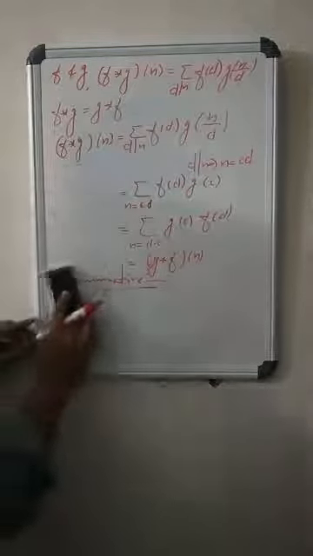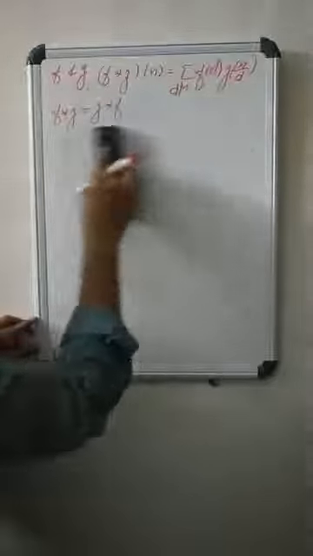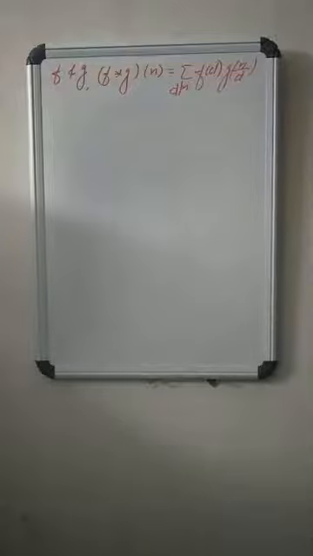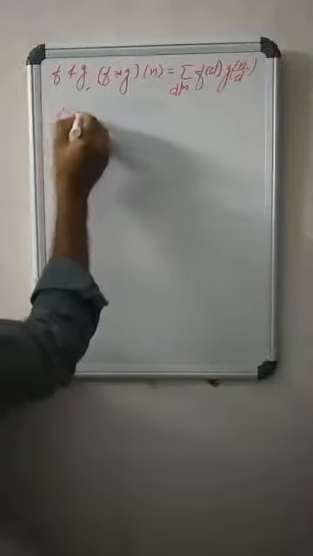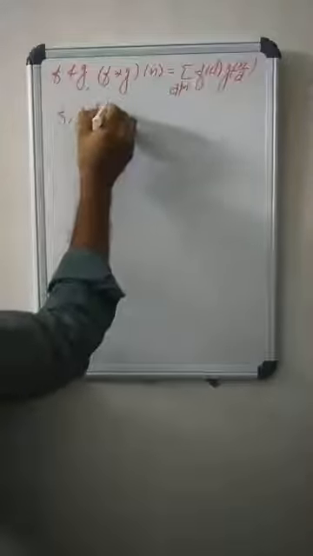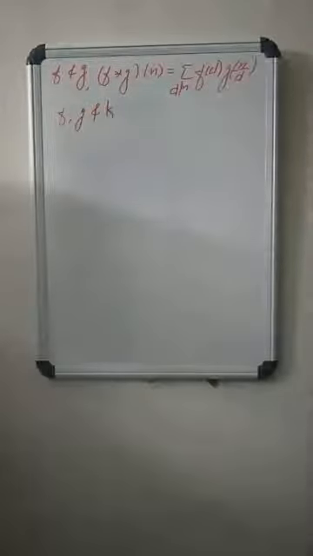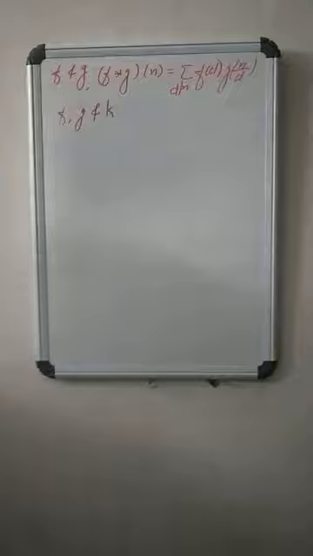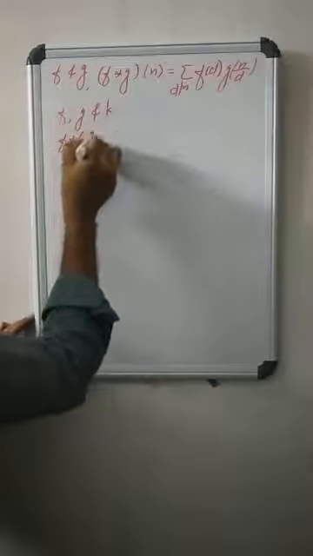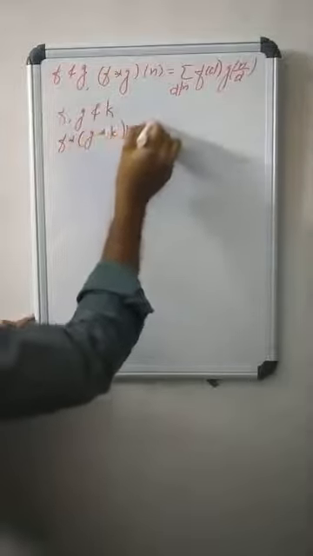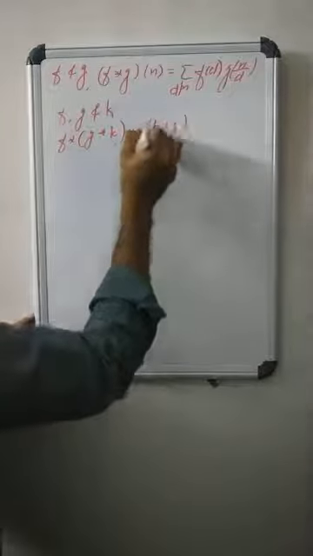Now the second property: the Dirichlet product is associative. Associative means that if f, g and k are any three arithmetic functions, then we have to show that (f star g) star k equals f star (g star k).